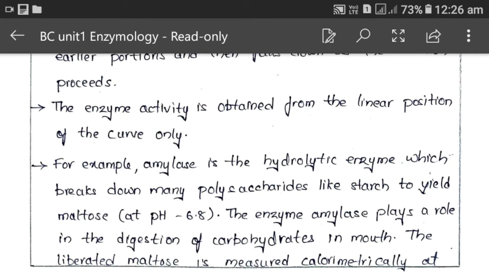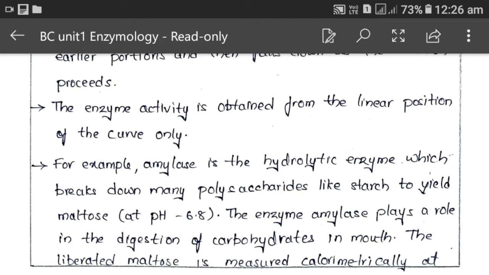Here you can take the example of the assay of amylase. Amylase is a hydrolytic enzyme present in our mouth that breaks down carbohydrate components. Carbohydrates like polysaccharides can be easily hydrolyzed by the enzyme amylase.